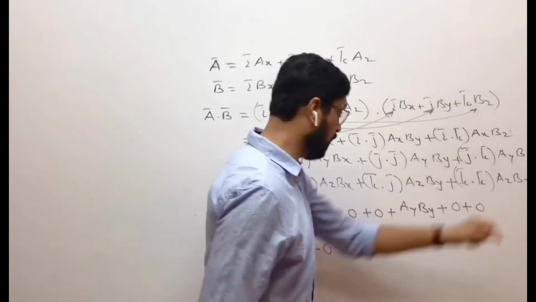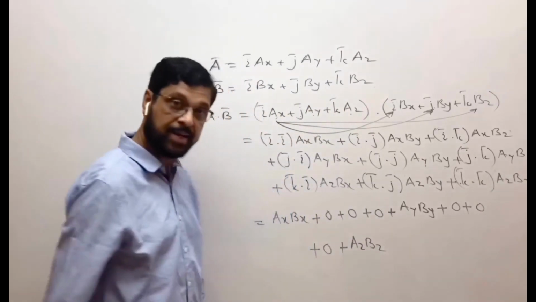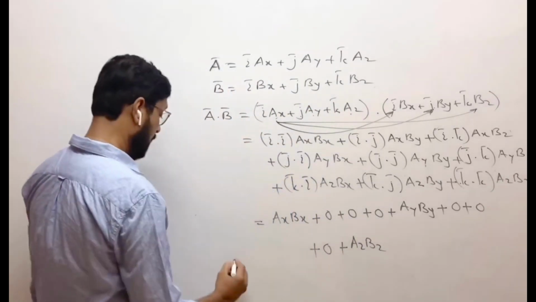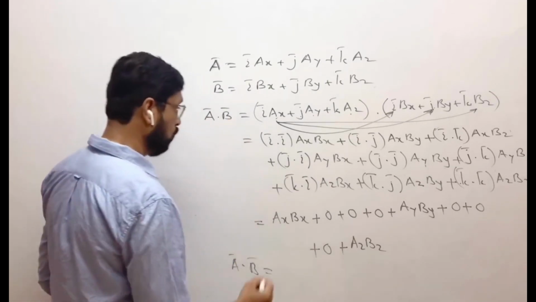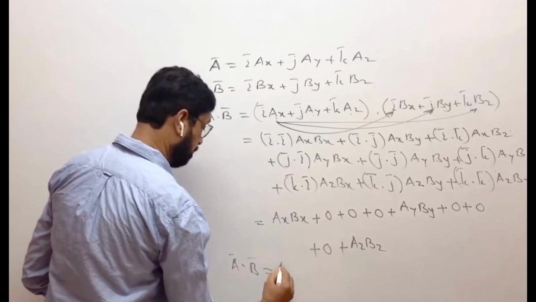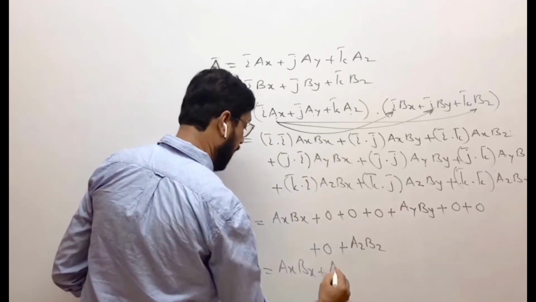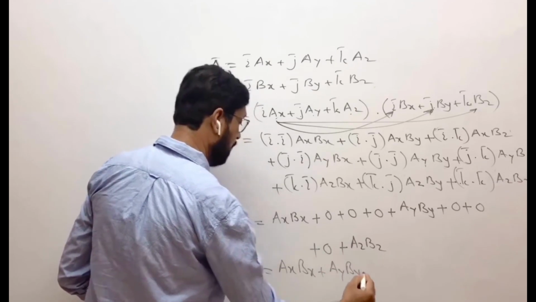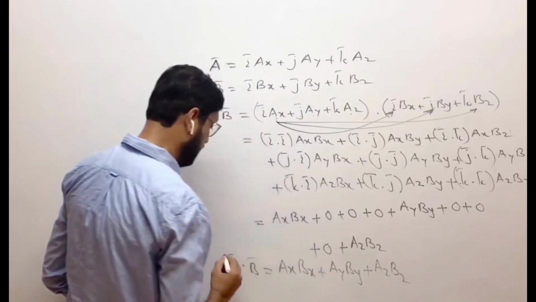So 1 into AzBz, that is AzBz. So A dot B is equal to AxBx plus AyBy plus AzBz.